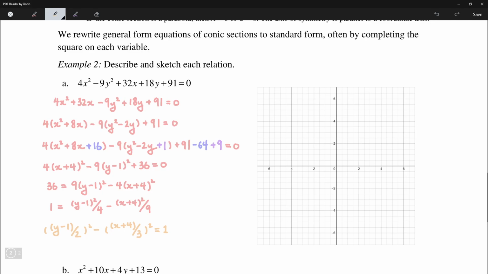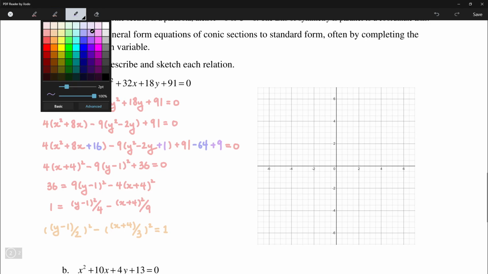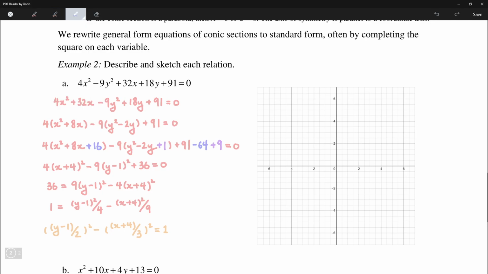So just as the examples in the previous page, we now have all the information that we need in order to graph this conic. So there is the first piece of information, and that is the general shape. It's going to be a y squared minus x squared equals 1 hyperbola that we're graphing. The two stretches: horizontal stretch by a factor of 3, vertical stretch by a factor of 2.